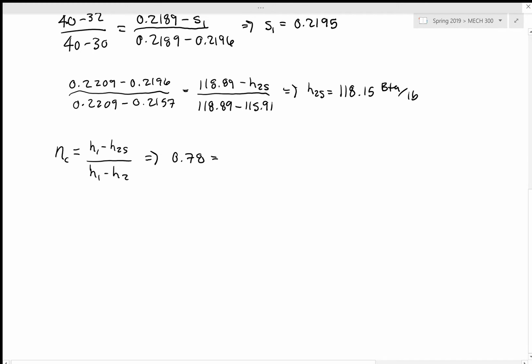We're going to have 0.78 is equal to (106.29 minus 118.15) over (106.29 minus our H2 value). And when you solve that equation, you're going to end up with H2 equaling 121.50 BTU per pound.